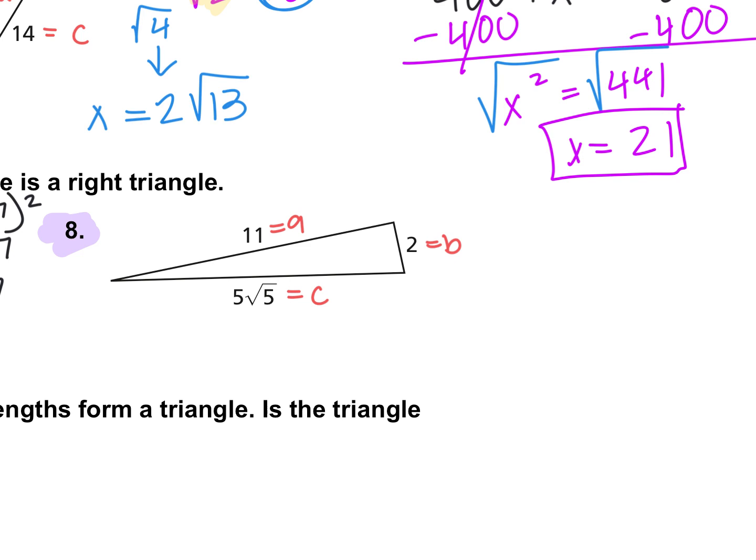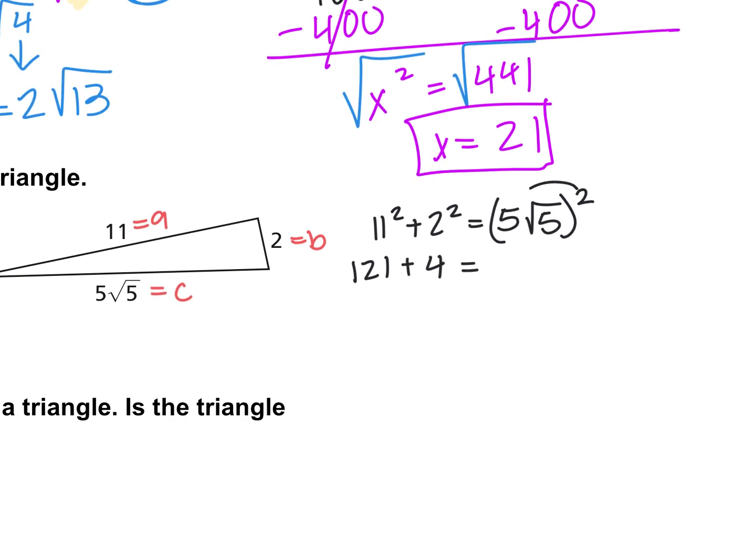Plug it in: 11 squared plus 2 squared equals everything in parentheses, 5 times the square root of 5, squared. So 11 squared is 121 plus 2 squared is 4 equals, distributing my 2, 5 squared is 25 times 5, because I'm taking it out of the root.